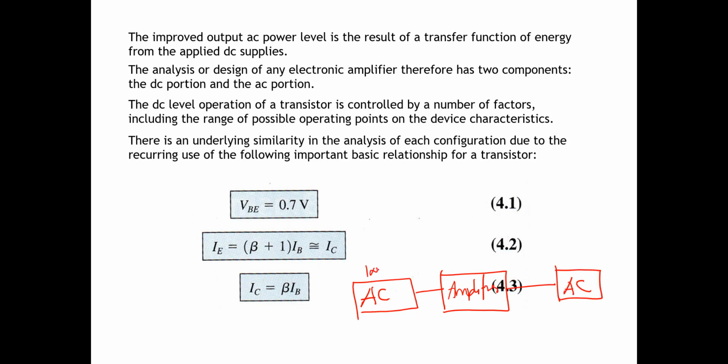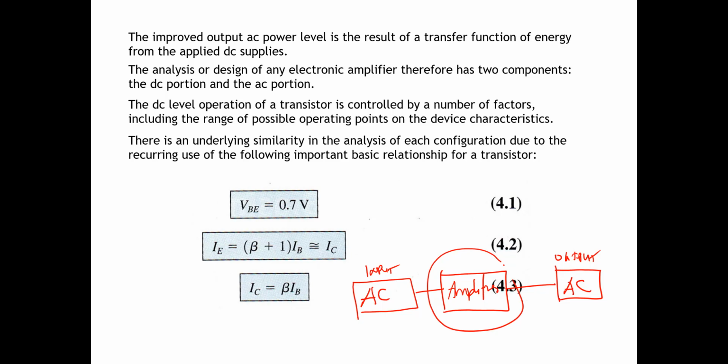So this is the input AC voltage, and the output is AC voltage. And we use the amplifier here to amplify. It means that we want to increase the magnitude of the AC input to the AC output. So how to amplify this one? We can use the bipolar junction transistor.